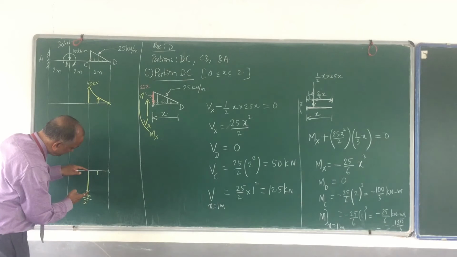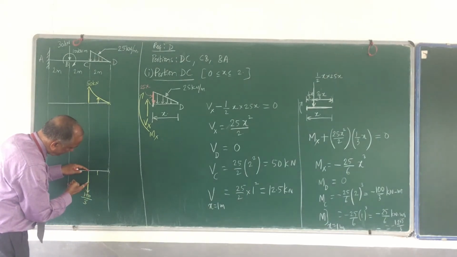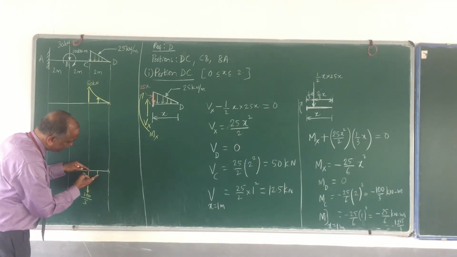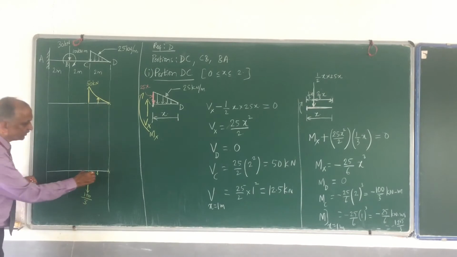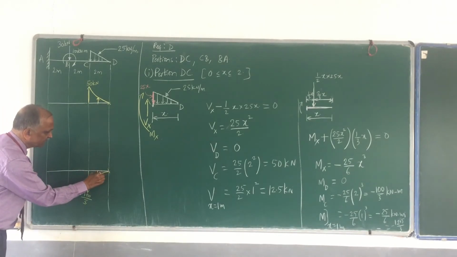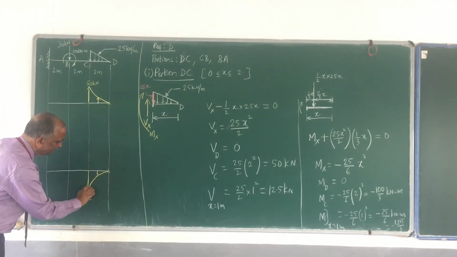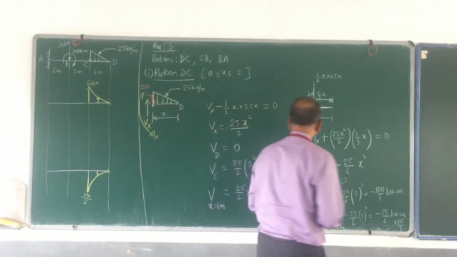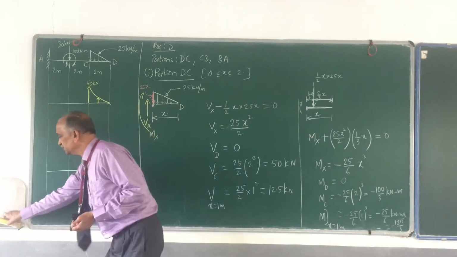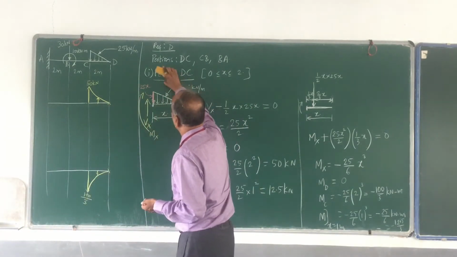So 1/8. So this is half, and half of this is 1/4. Half of this is 1/8. It is so small a value. So draw that by means of a smooth curve, and this is how it looks. Okay, this is the bending moment diagram for the portion DC.